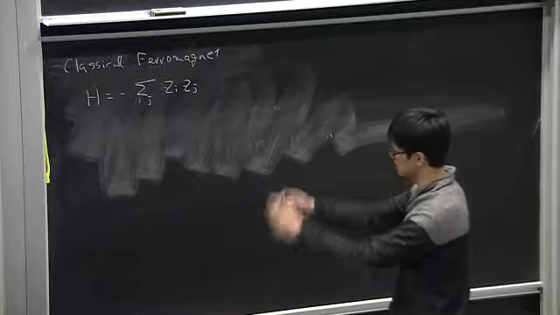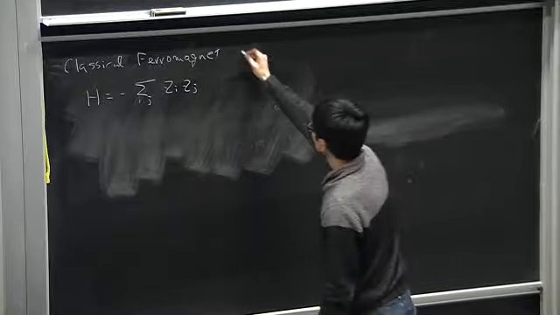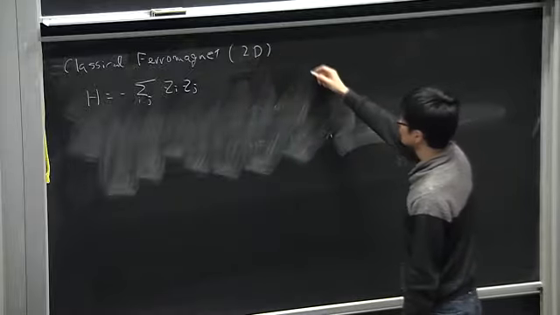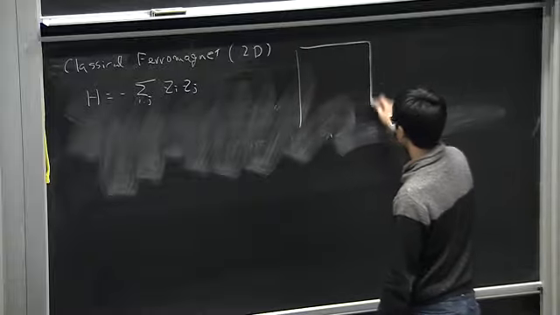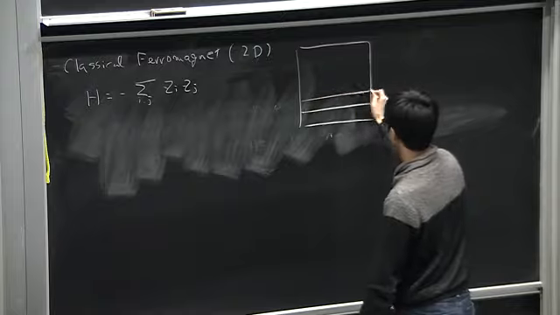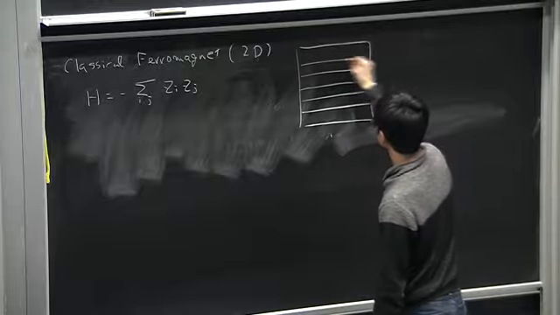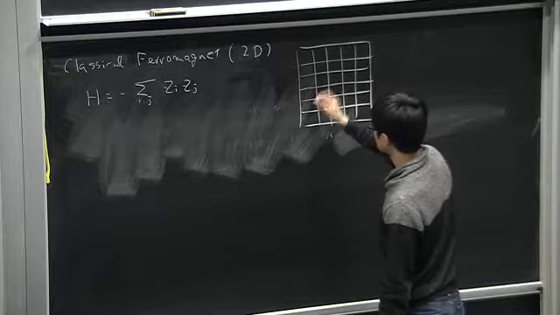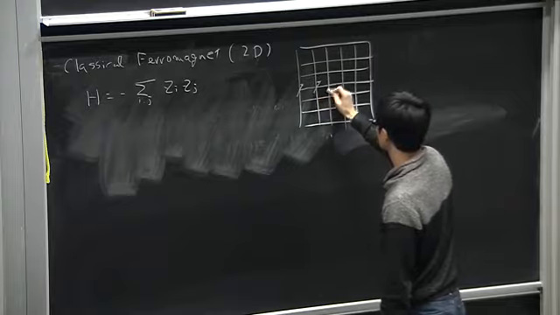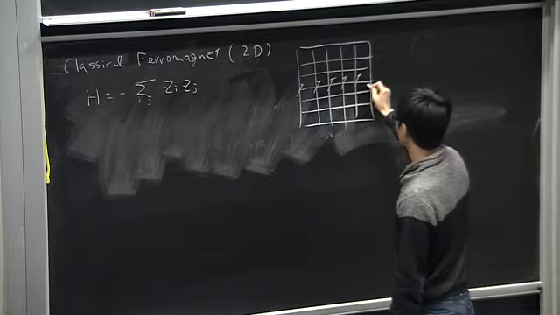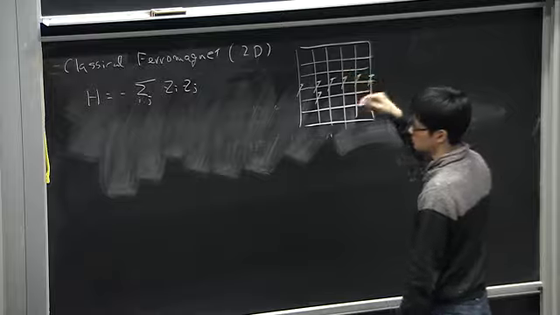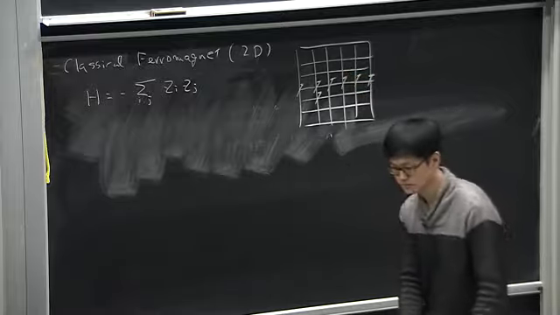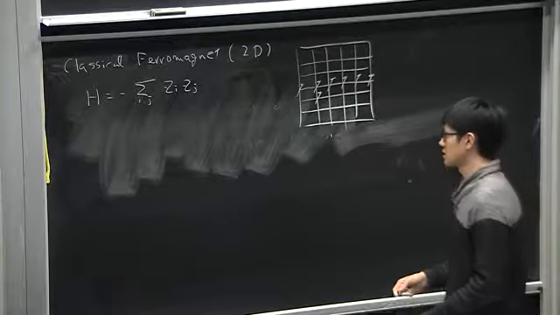So spins should be in the same direction. Now let us consider this classical ferromagnet in two spatial dimensions, so that we have these spins, and then spins must be aligned in one direction, all up or all down. So that's how you can encode the classical information.